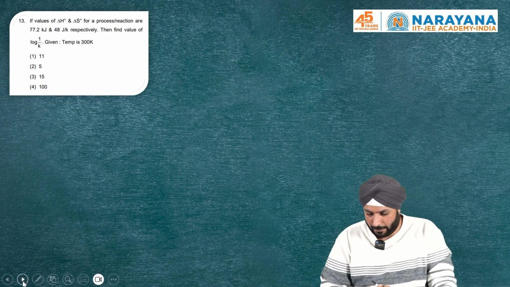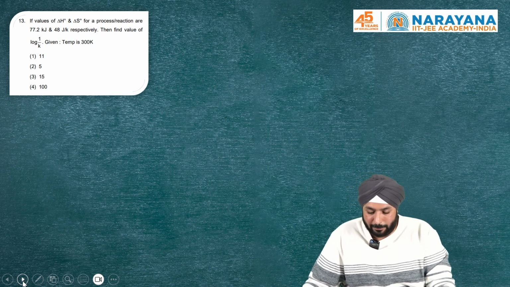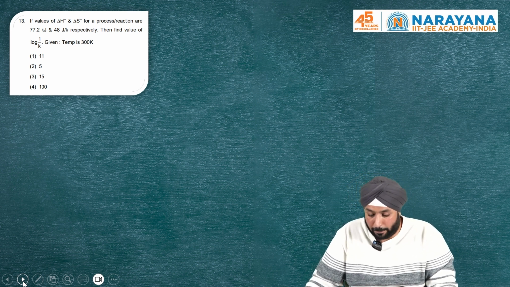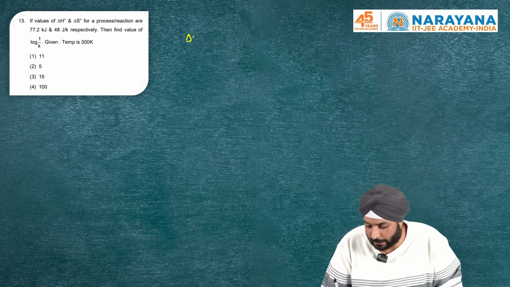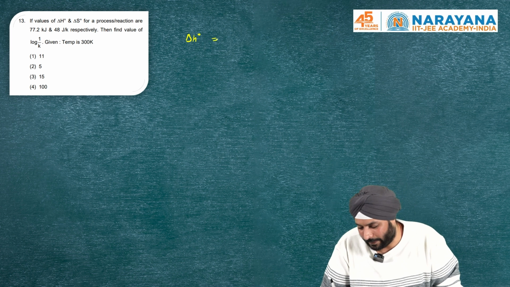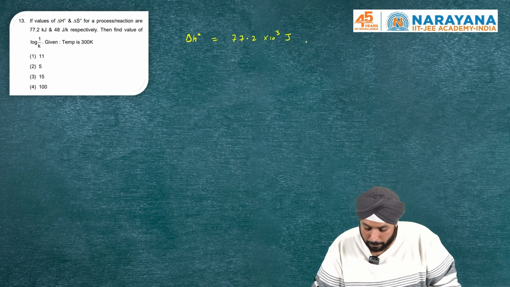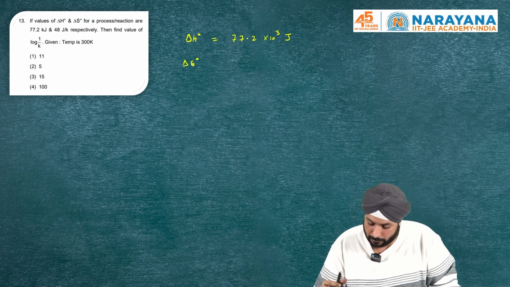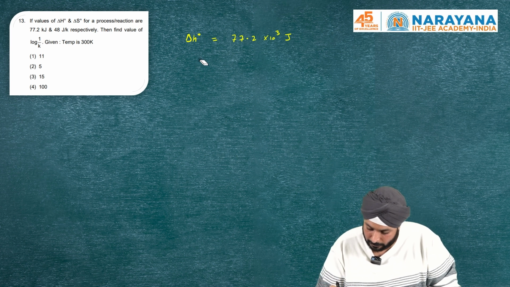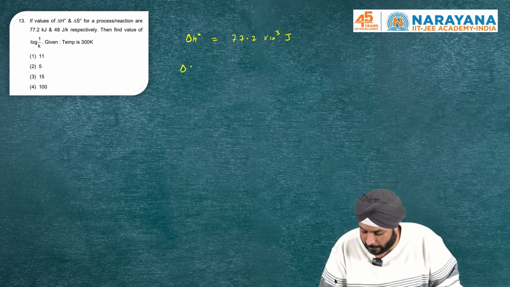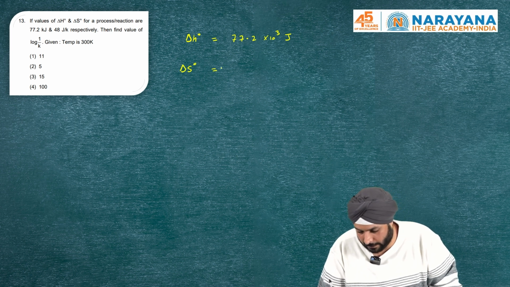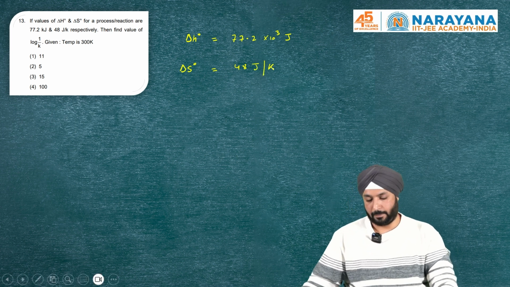Next, question number 13. The value of delta H naught, delta S naught for a process. See here, generally a student makes mistakes in units because the question is very simple. Delta H naught is 77.2 into 10 to the power 3 joules and delta S naught is given as 48 joules per Kelvin, right?